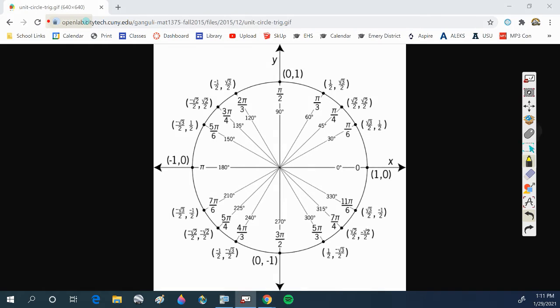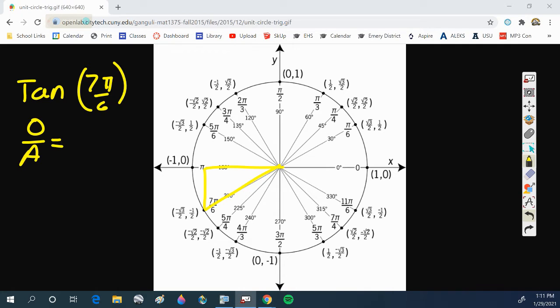All right, let's do the tangent of 7 pi over 6. So that would be this triangle right here. Okay, the tangent is O over A, which is going to be y divided by x. Okay, now pay attention to this because this can get a little bit tricky.